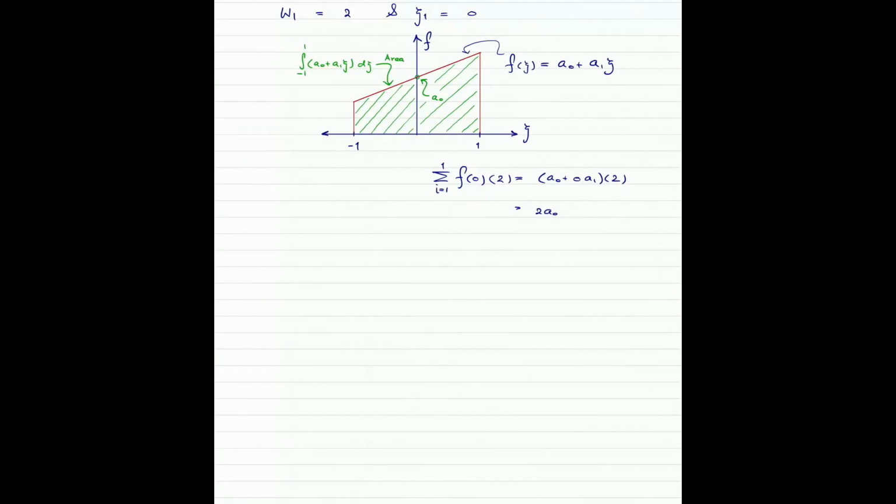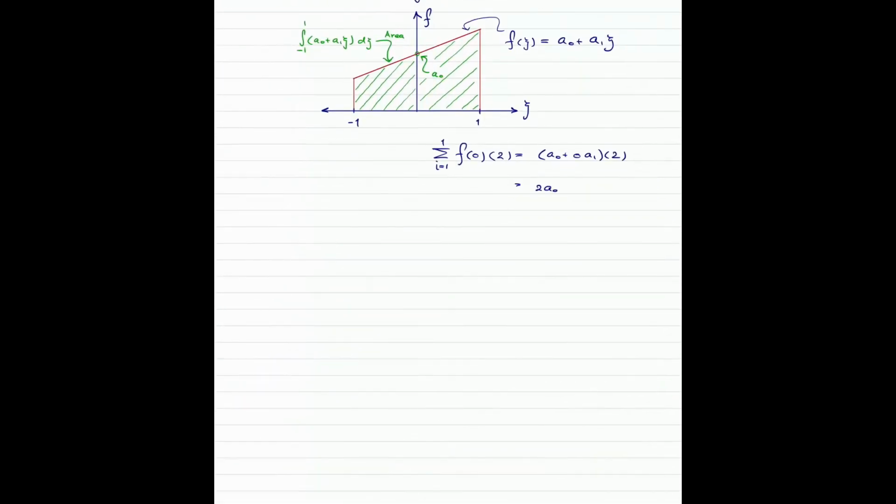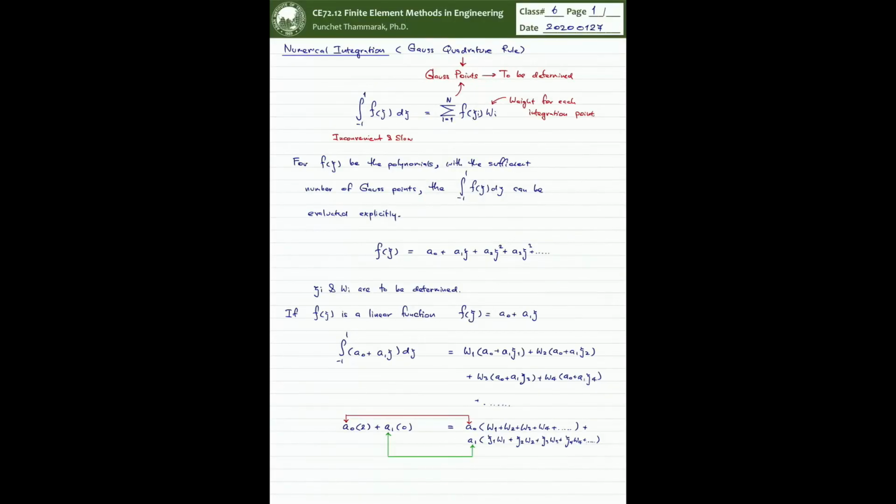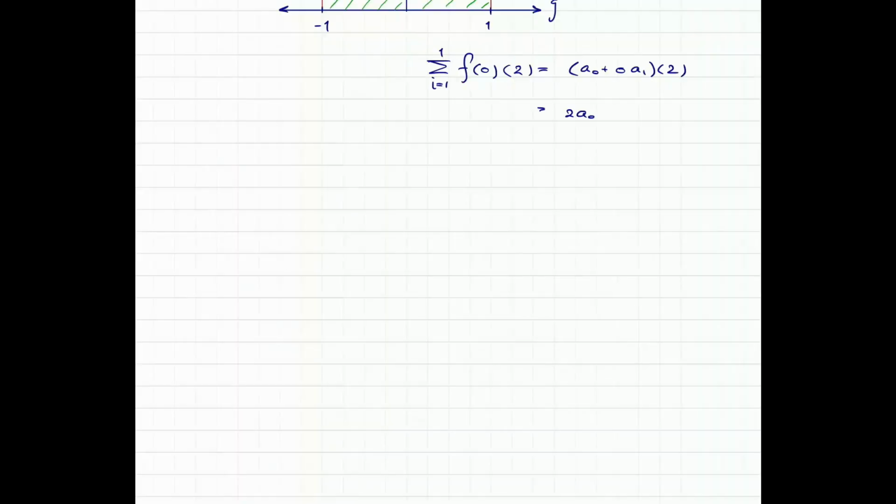But we will not just stop at linear functions, because most of the time we will be dealing with higher order polynomials in the finite element calculation. So let's take a look at the other higher order polynomials. So we integrate from -1 to 1.